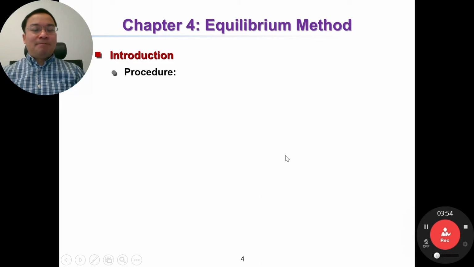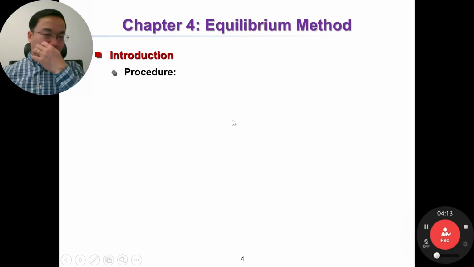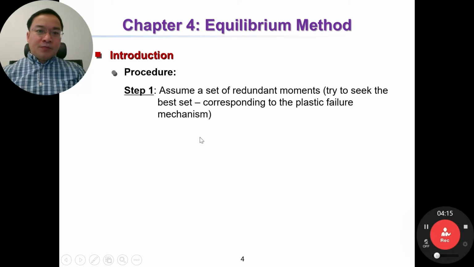Beyond that, we will have a procedure which can be used for analysis of structures using the equilibrium method. It is a general procedure. The first step is we assume a set of redundant moments, and try to check for the best set.